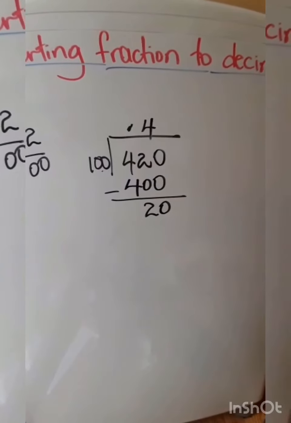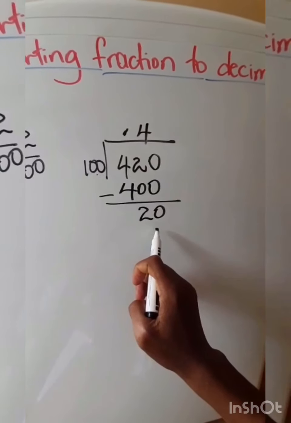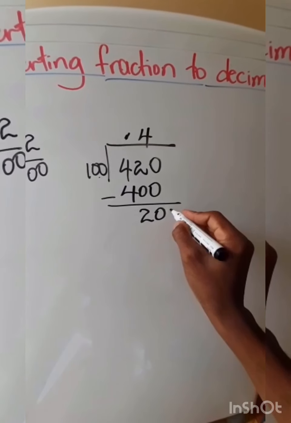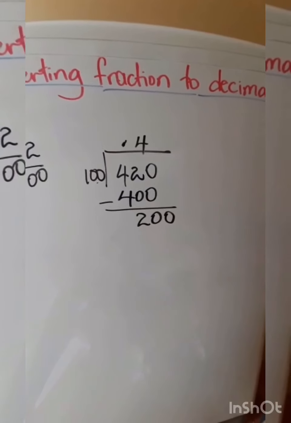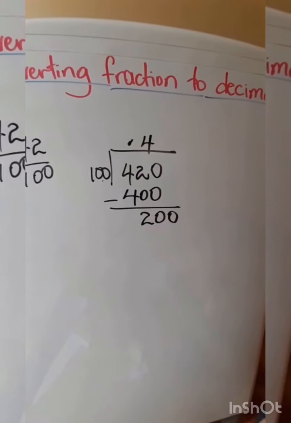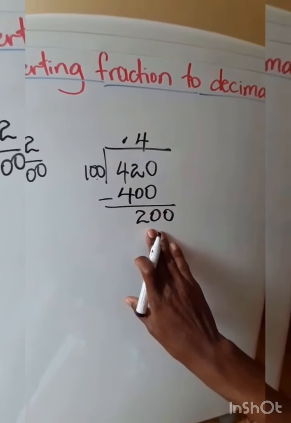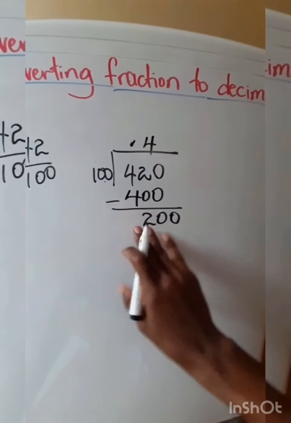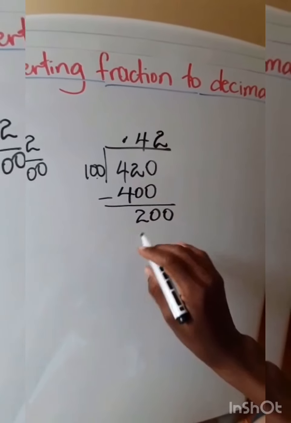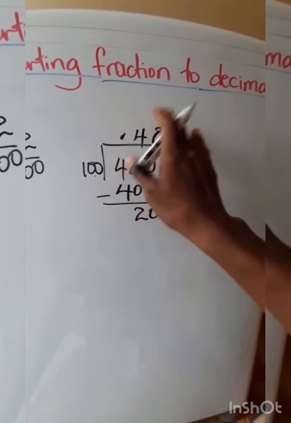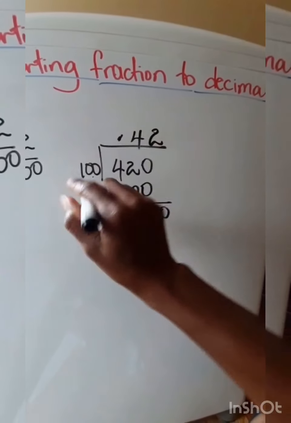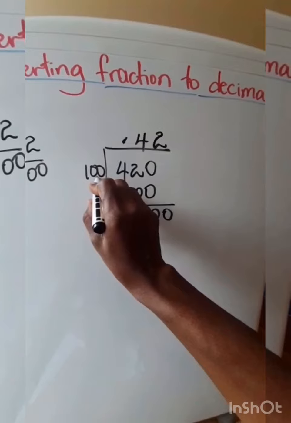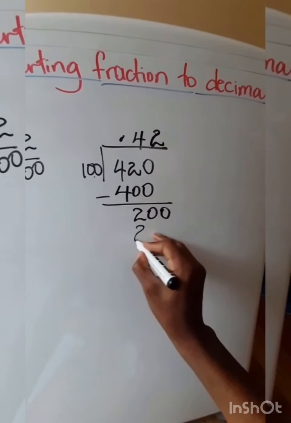Now, can 100 go into 20? We can't. So we add our 0 and now we have 200. Can 100 go into 200? It goes 2 times. With that 2 times that we have here, we have 0.42. 100 times 2 gives us 200.